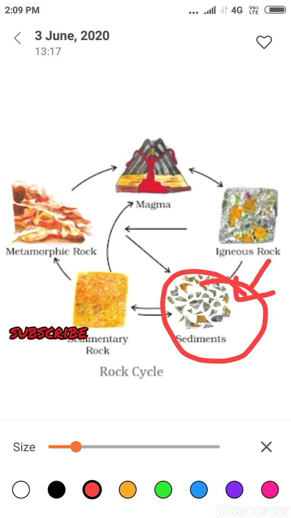These smaller grains of rocks keep moving toward basins and lower regions and gradually form sedimentary rocks. When the igneous and sedimentary rocks are subjected to heat and pressure, they change into metamorphic rocks.